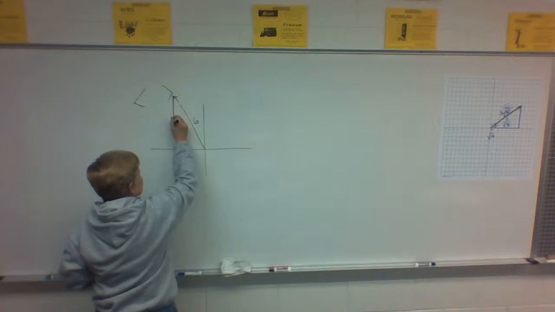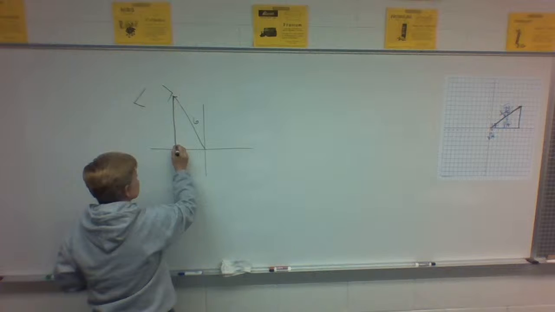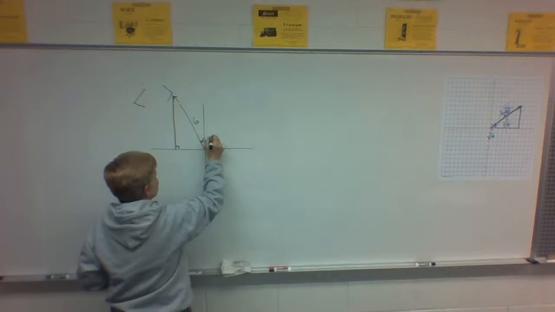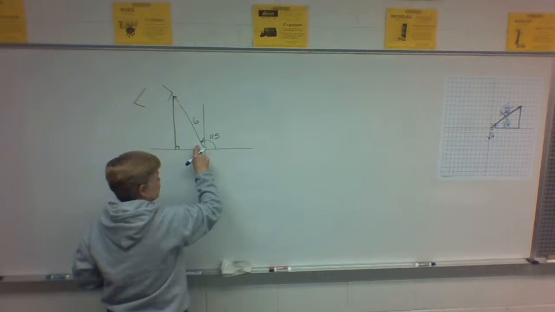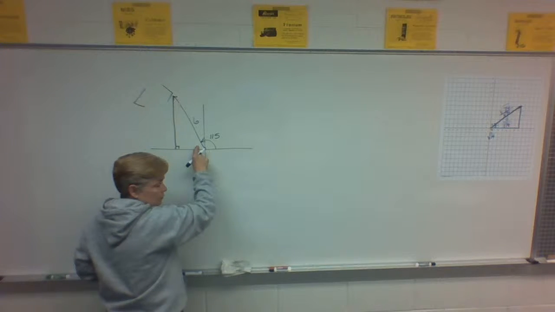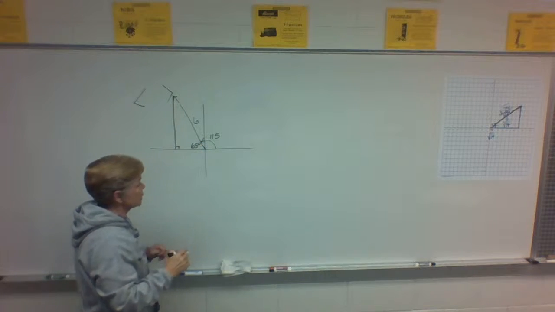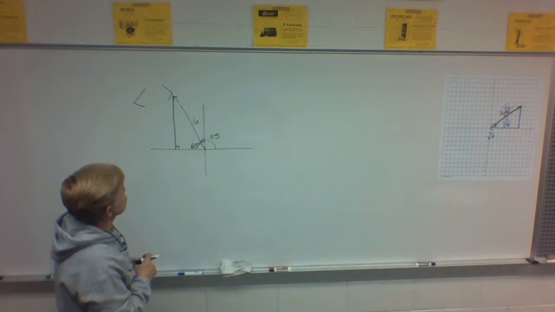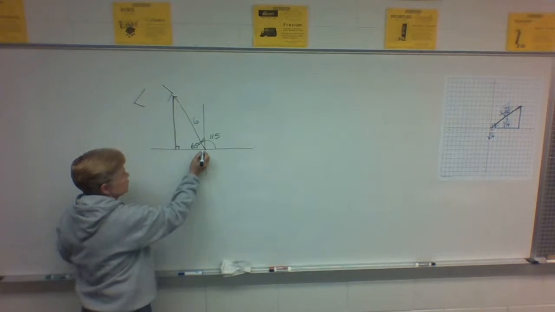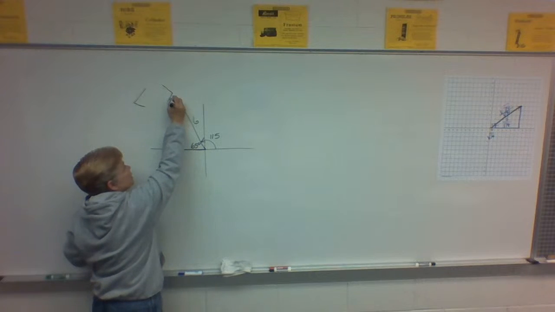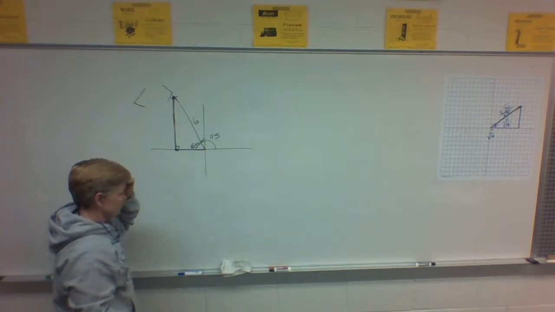So make a triangle like you've been taught to do all trimester long. If that is 6 and this is 115, what is this? 65. Not a familiar angle. That's okay. But what we need to do to find this component form is find this length and make it a negative because we're going left, and find this length, make it a positive because we're going up.